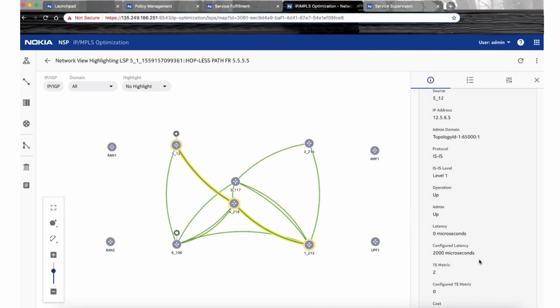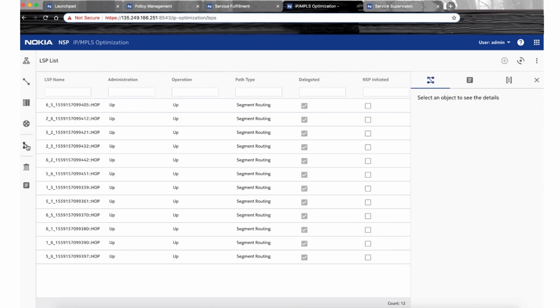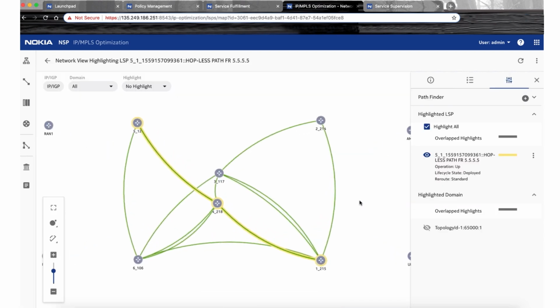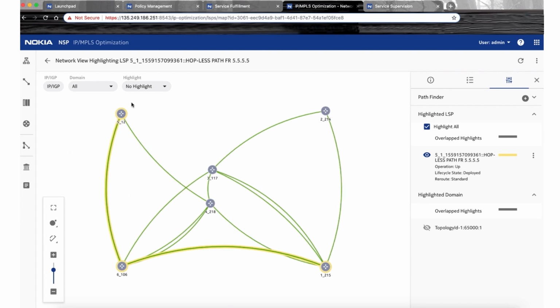If I put the latency back to 2 milliseconds again, nothing will happen because in this case, the path is still valid unless I go to the reroute, and after reroute, we will see that the NSP again brings back the original path of the LSP.